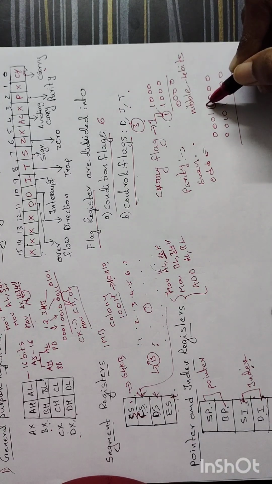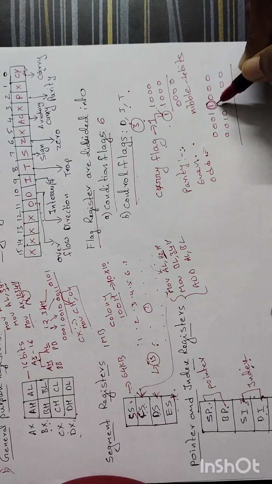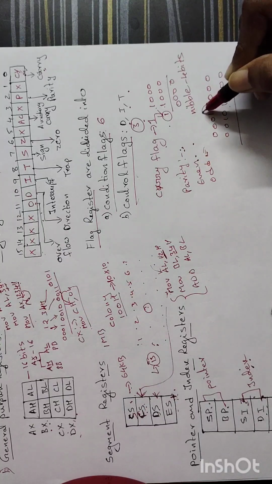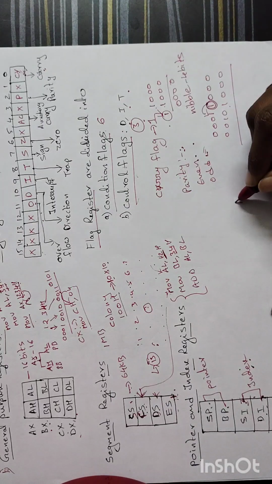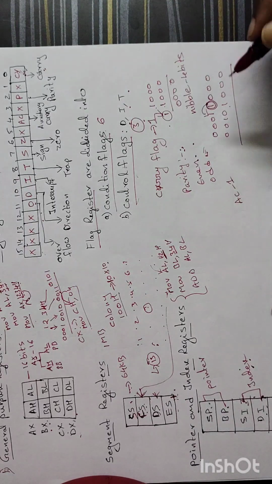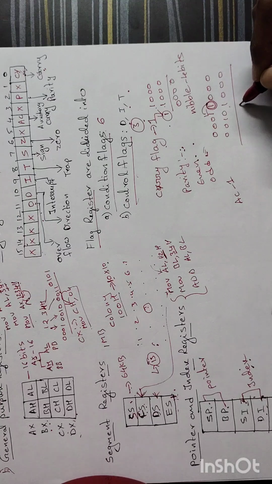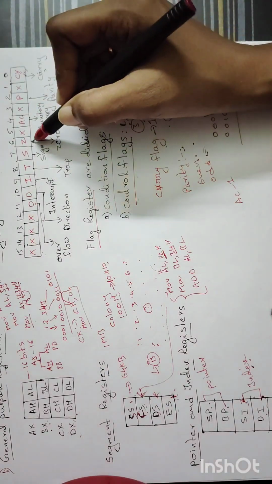The carry generated from here to here sets the auxiliary carry flag, otherwise it will be 0. That is the auxiliary flag.